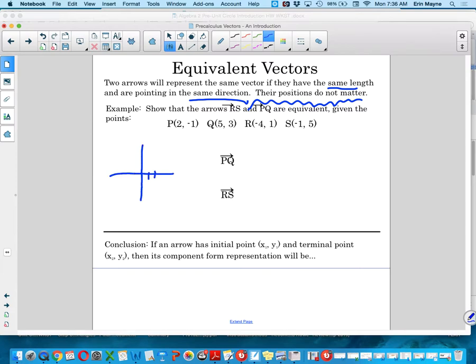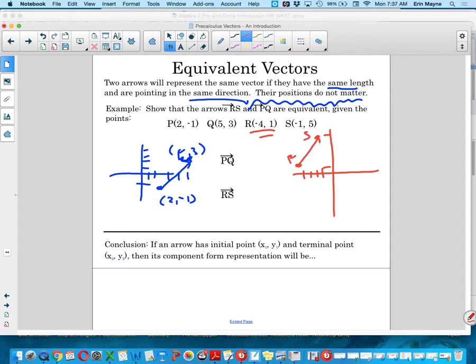P starts at (2, -1), and Q is at (5, 3). So if I find the components on that vector, then I'm going to compare it to RS, with R at (-4, 1) and S at (-1, 5).